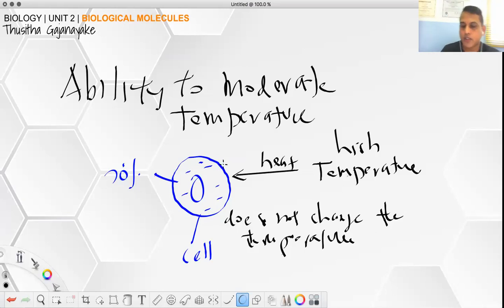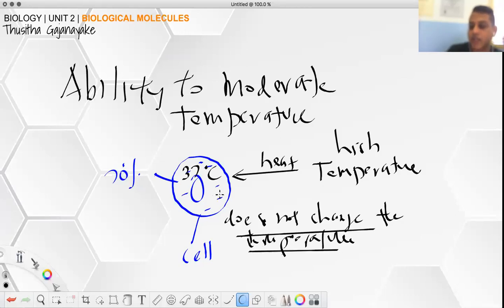But we have a body temperature of 37 degrees. Let's say the human body has 37 degrees. But we are exposed to 40 degrees, 45 degrees, because naturally there is a chance of being exposed to this kind of thing. Then the heat transfers to the body, but even if the temperature increases by 6, 7, 8, 9 degrees, the body temperature still remains 37 because of the high specific heat capacity.